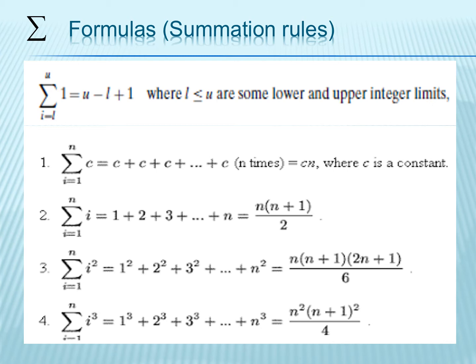This represents that the program statements are executed for 1 unit of time each, and the number of times of execution extends from the lower limit L to the upper limit U. Then the summation formula is U minus L plus 1.